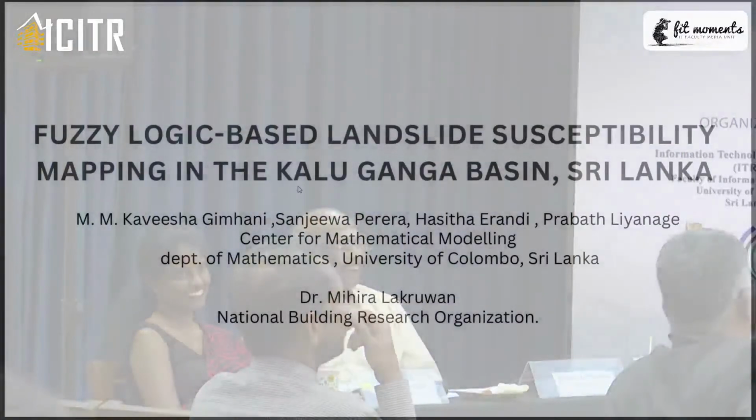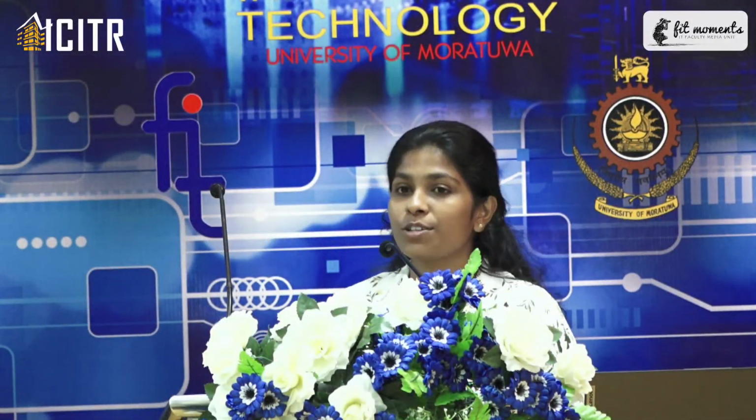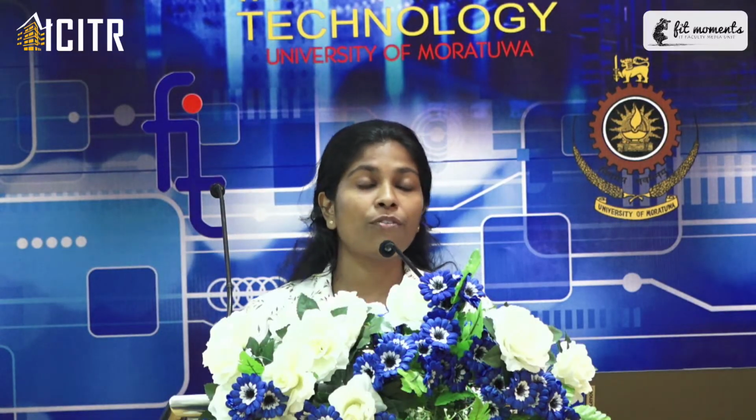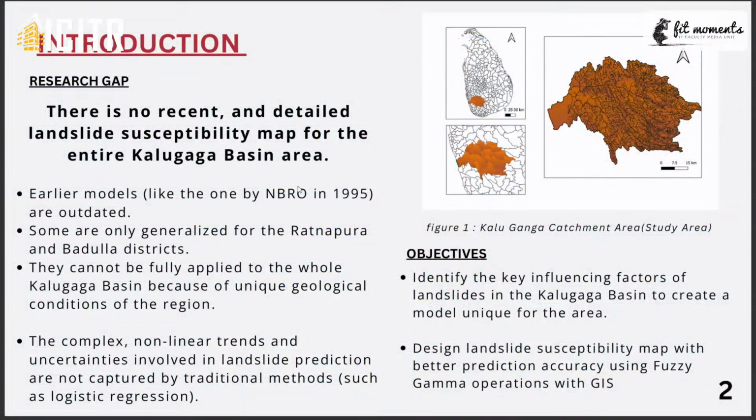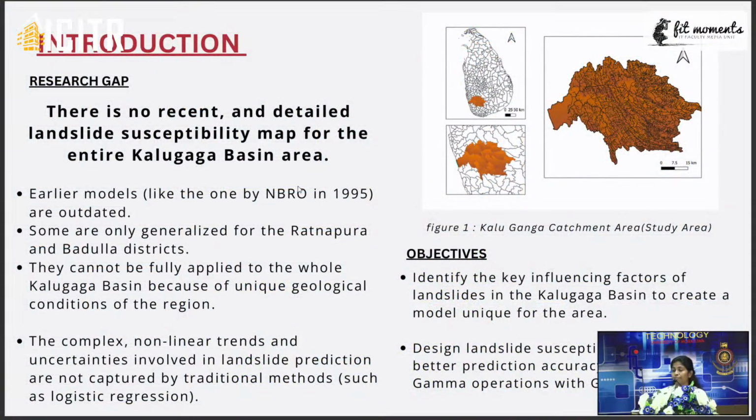It is causing huge damage to people, infrastructure, and also the economy. For this national problem, I understand there is a bigger research gap: an area like the Kaluganga Basin, which frequently suffers from landslides, has no recent and detailed landslide susceptibility map.